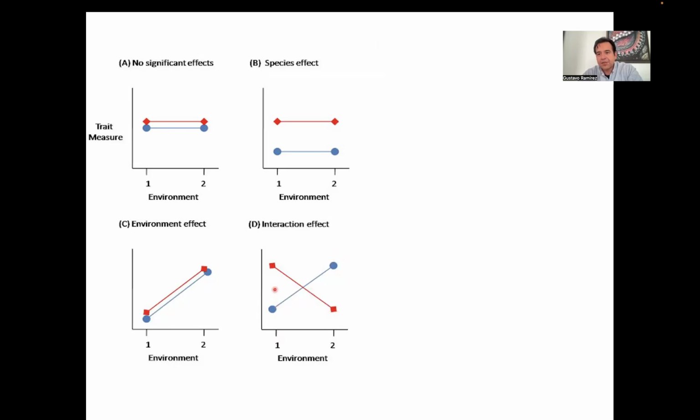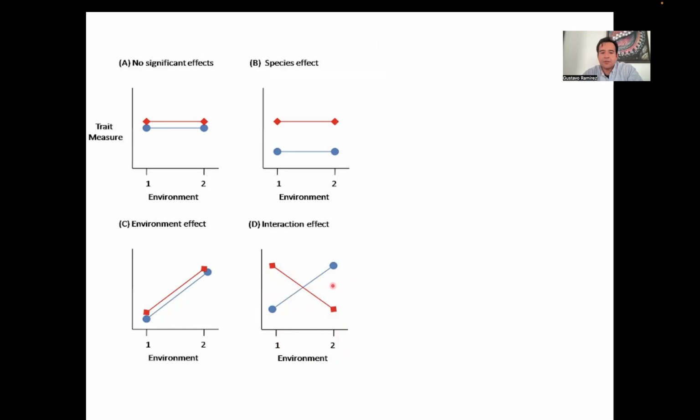If we were ignoring the color of the dots and just looking at the means of all the combined dots here and all the combined dots there, the means would probably stay the same. I'll say the mean independently of the color of the dot, for all of the data points in environment one would be right around there, and then the other one would be there. Okay, everybody see that?